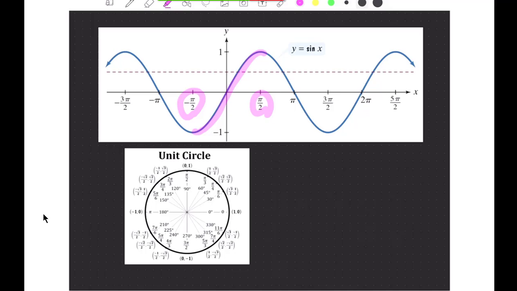So if I'm going from 0 to pi over 2, where am I going from? I'm going from 0, where's pi over 2 going to be? 90 degrees, right? Yep, so I'm looking at these values, right? And I'll blow it up a little bit. Where's negative pi over 2 going to be?